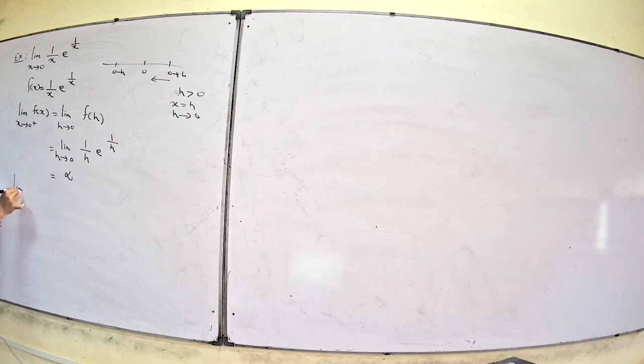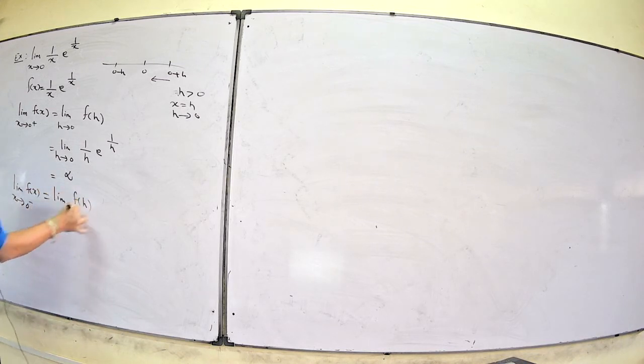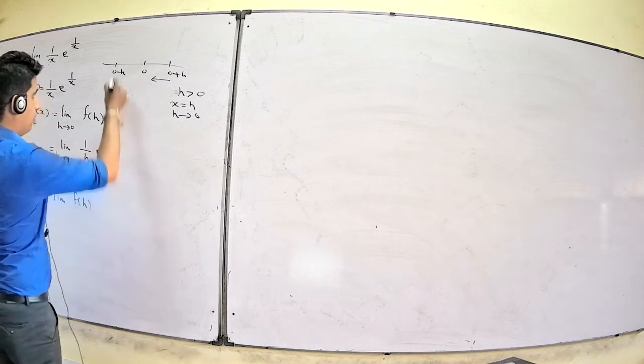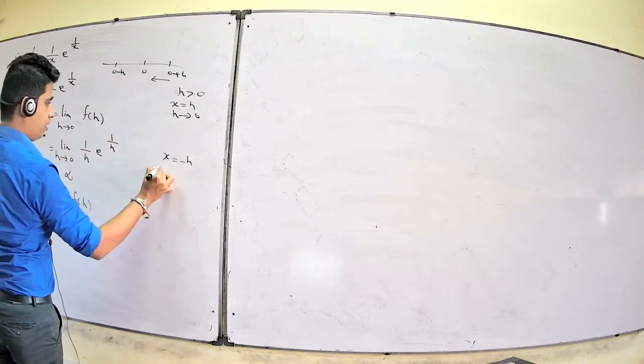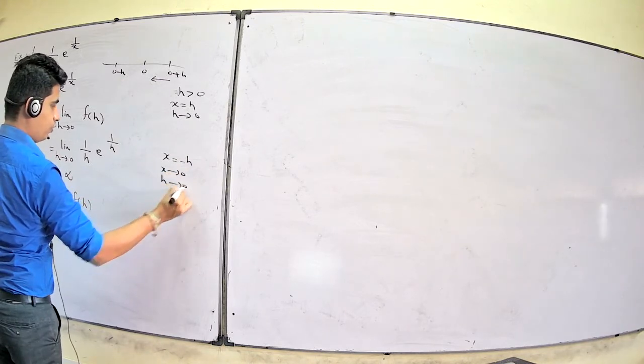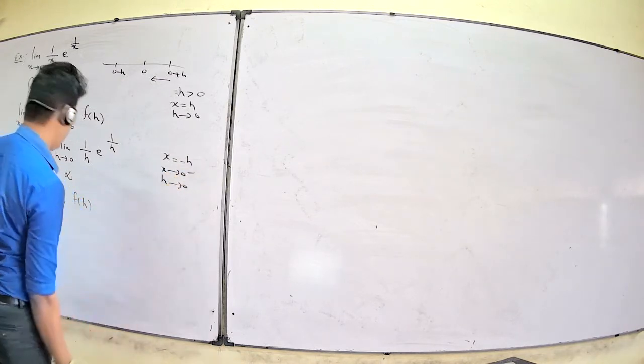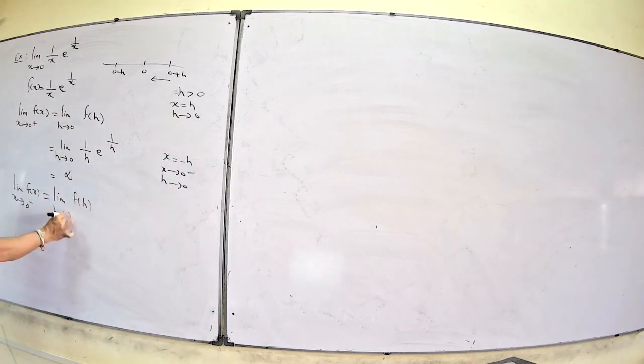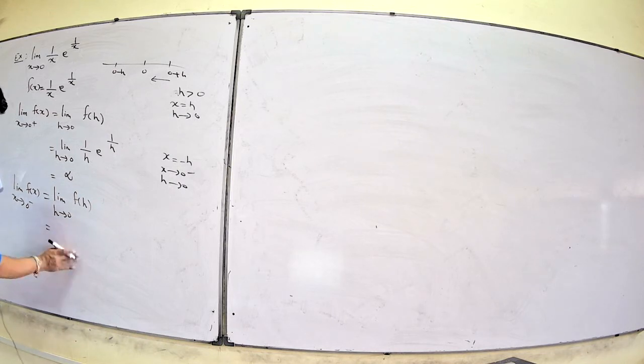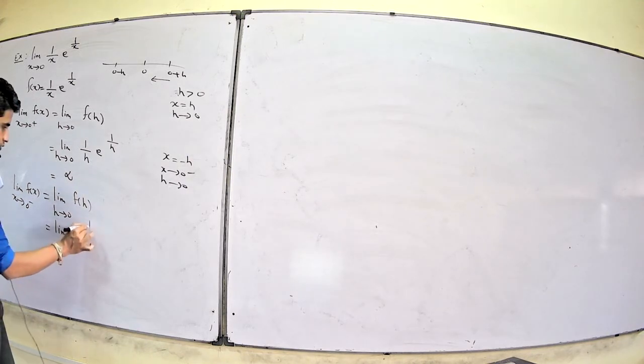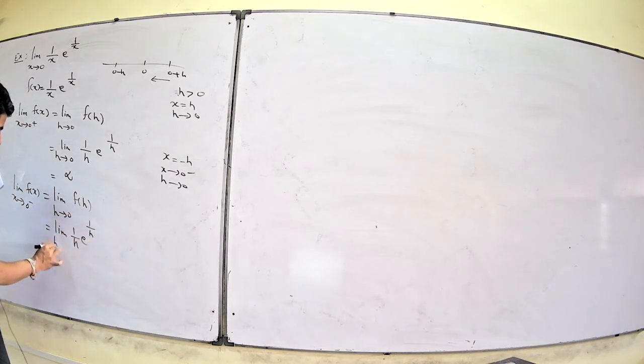What about x tends to 0 minus, the left limit? Here you put x equal to minus h. Suppose h tends to 0, then minus h also tends to 0. Therefore f of minus h means 1 over minus h e power 1 over minus h, as h tends to 0.